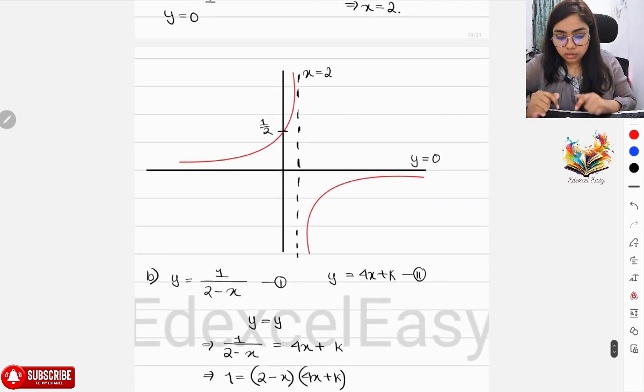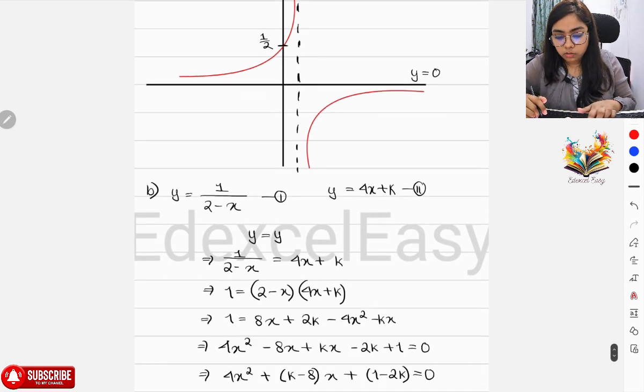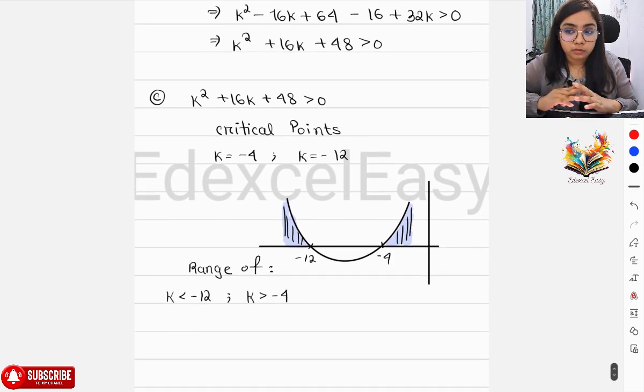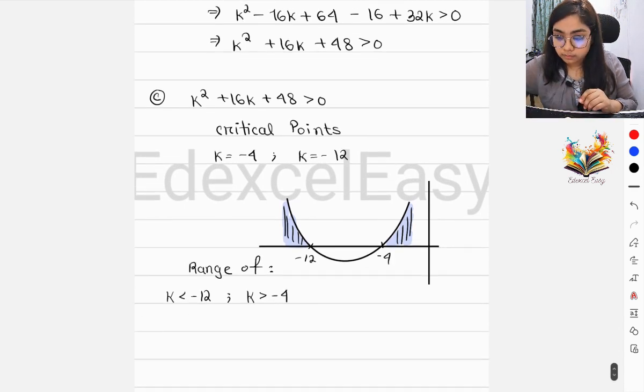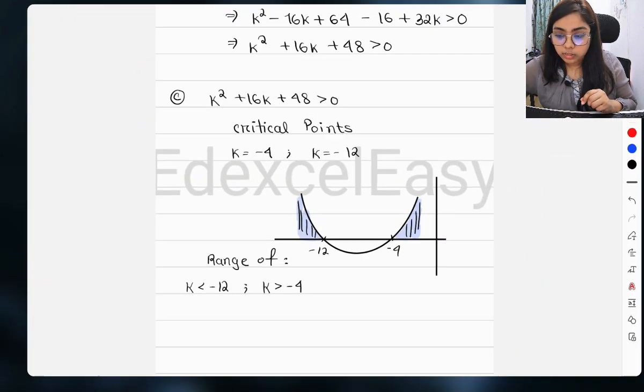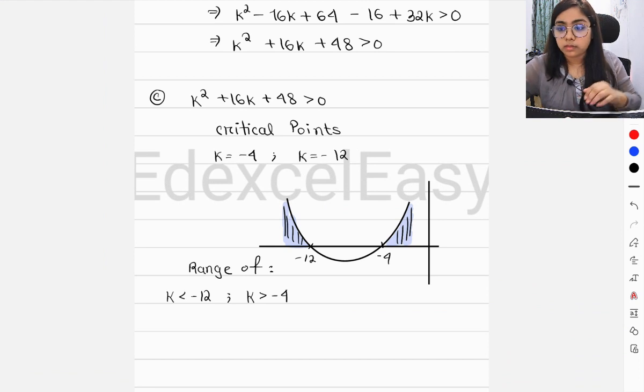After all these things, we plotted this on a sketch, and from that point we found the equation for k using that line and curve intersection points, and after that we got the range of values of k. I think I'll make a different section for the rest of the questions, so I'll stop this video now.